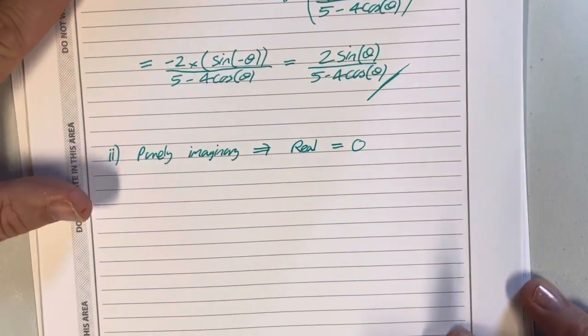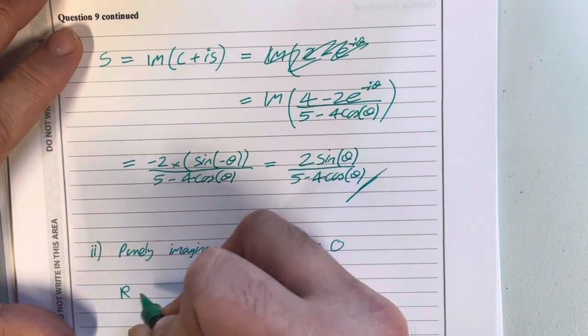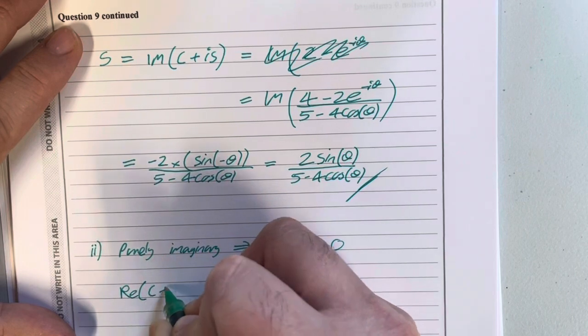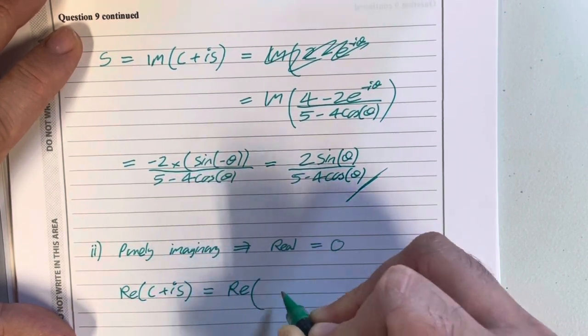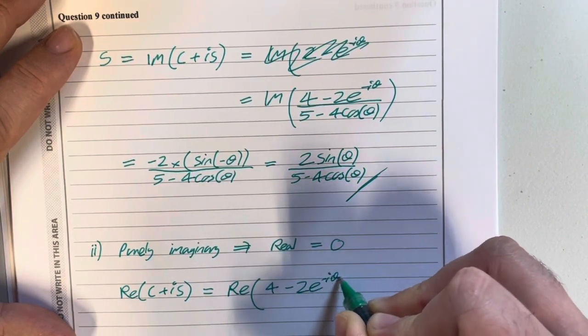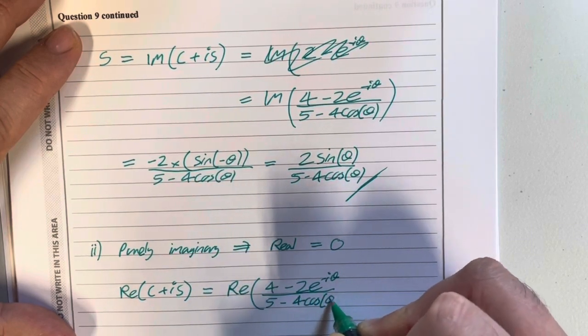That's what it means to be purely imaginary. So the real part of C plus iS is equal to the real part of 4 minus 2e to the minus i theta all over 5 minus 4 cos of theta.